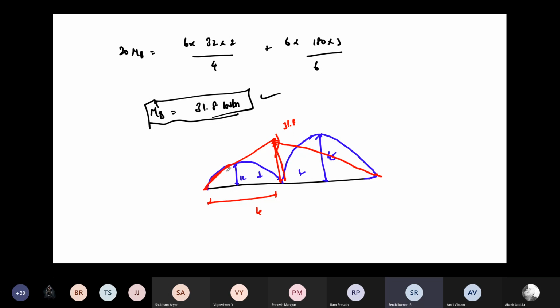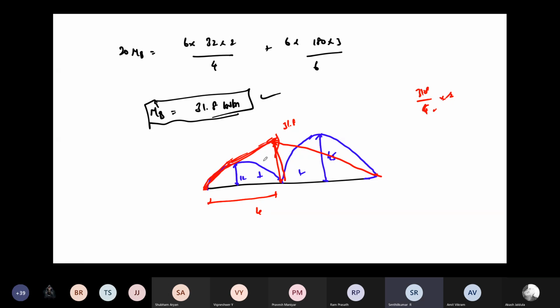Around 15. So the line will be higher than your 12, because for 4 meter it is 31.8. So mid-span only is at 12. So for 2, how much will be there? That is 15 point something, nearly 16. That is more than 12. So your line should be more than 12. Like that you have to do.